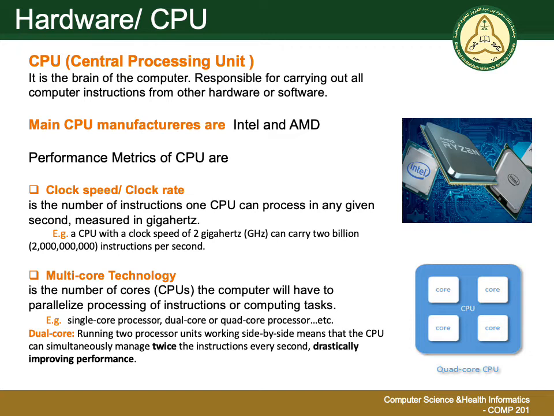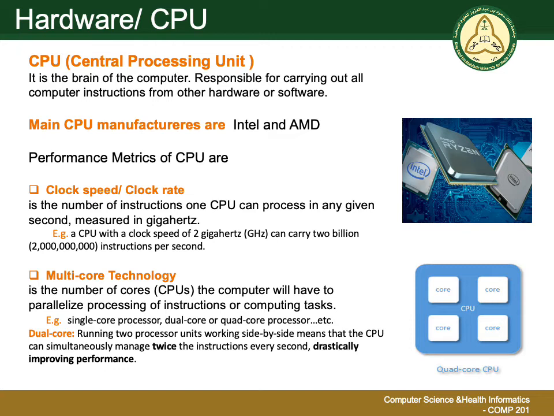ف one of the matrix، أحد المعايير اللي نختبر فيها البرفورمانس، هي الكلوك سبيد، الكلوك ريت. لما تسمع يقول لك إن سرعة البروسيسور هذه 2 جيجا هرتز، معناته it can carry out 2 billion instructions per second.